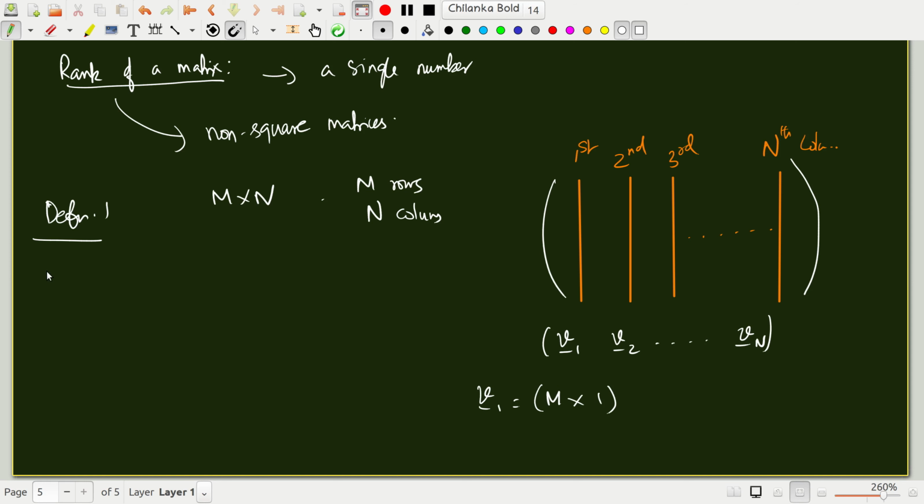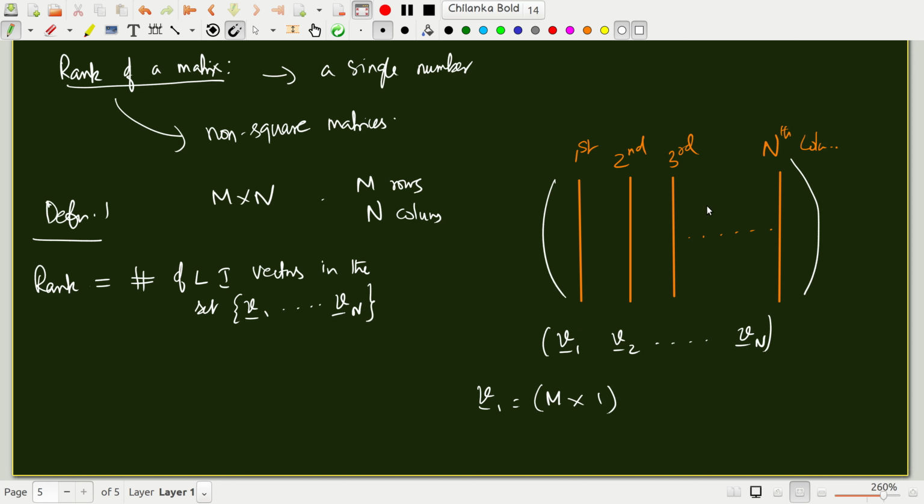The rank of a matrix is the number of linearly independent vectors in the set v1 to vn. So you have a bunch of column vectors, and we have to find how many of them are linearly independent, and that will be the rank of the matrix A.